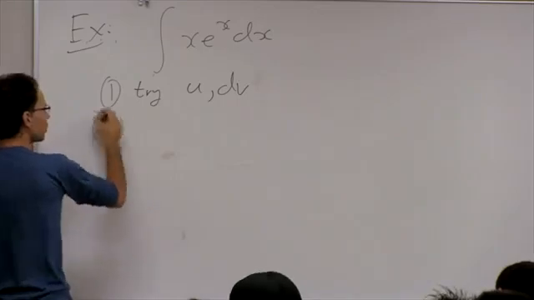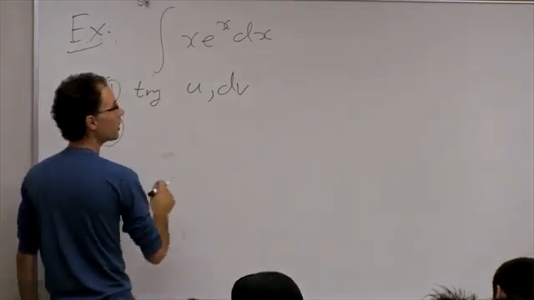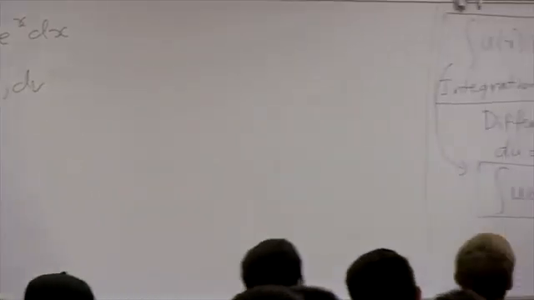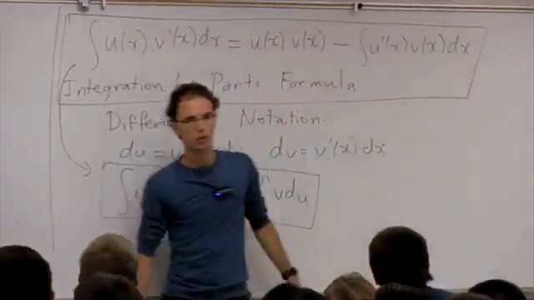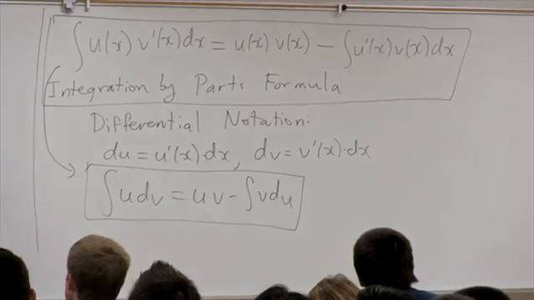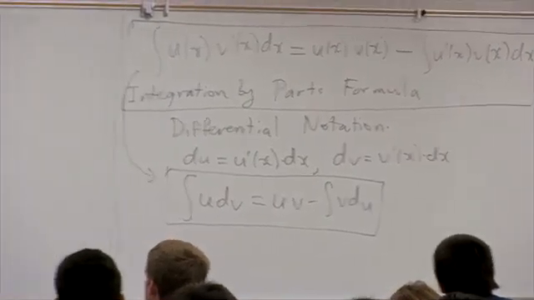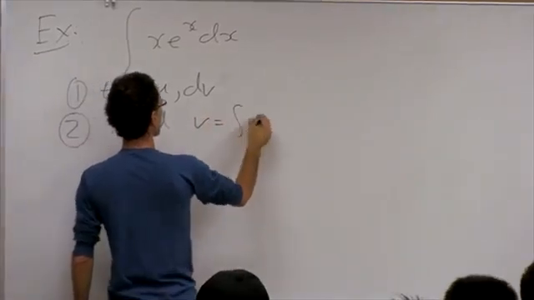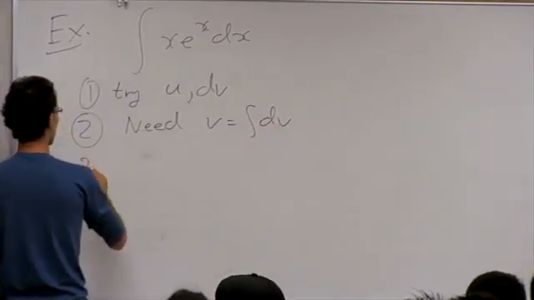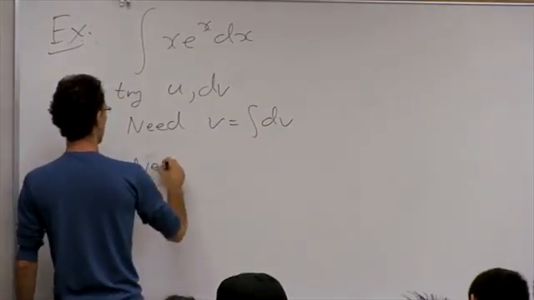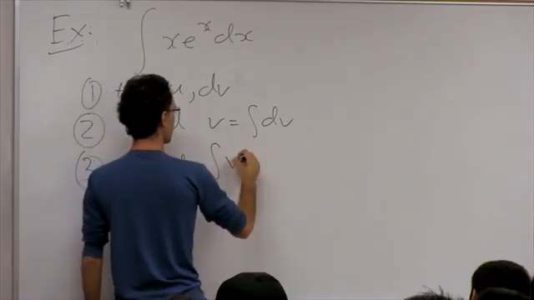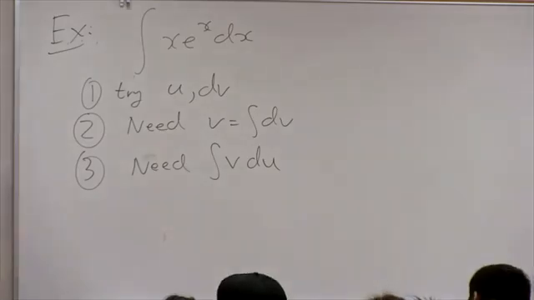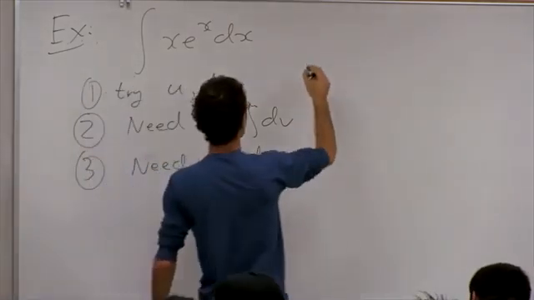Once we've chosen such a u and dv, we need to know what v is, which is the integral of dv, and also the integral of u prime times v, otherwise written as the integral of v du. This is the general method for using integration by parts.